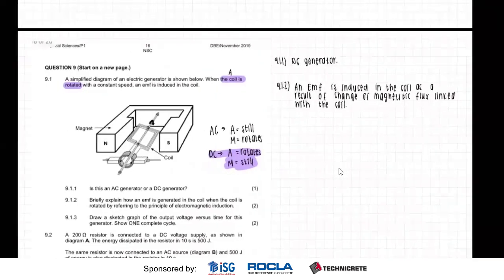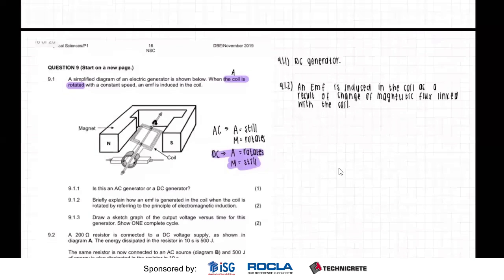So the change in the magnetic flux in the armature, which is linked with the coil, creates the EMF.